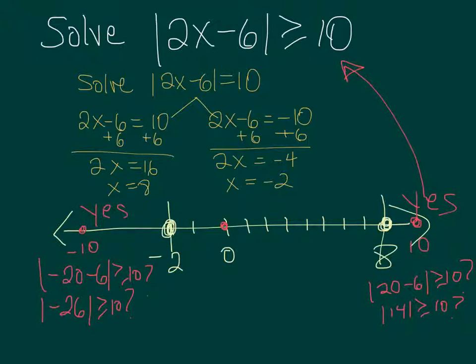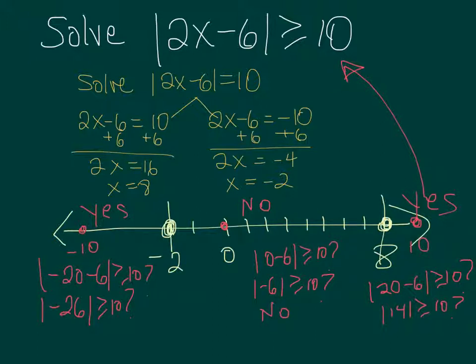And now if I test 0, I have the absolute value of 0 minus 6. Is that greater than or equal to 10? Absolute value of negative 6 greater than or equal to 10. Is 6 greater than or equal to 10? The answer is no. So for this region between negative 2 and 8, our answer is no. We wanted everywhere on the number line where that first inequality is true.